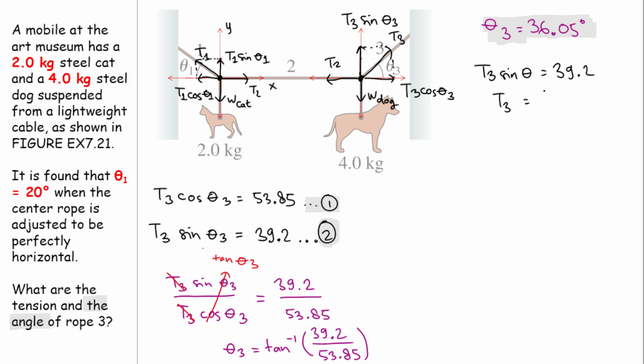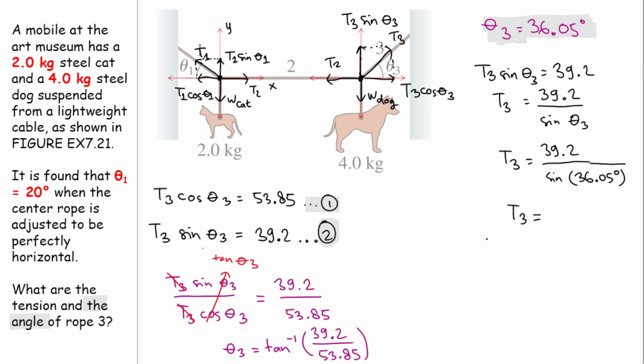T3 is equal to 39.2 divided by sine of theta 3. But theta 3 is this number here. So I have T3 is equal to 39.2 divided by sine of 36.05 degrees. Good.